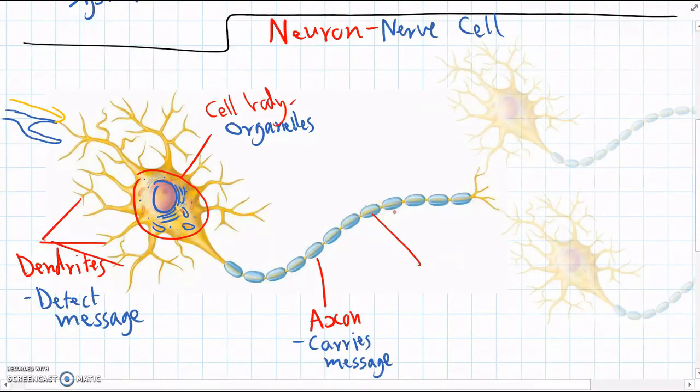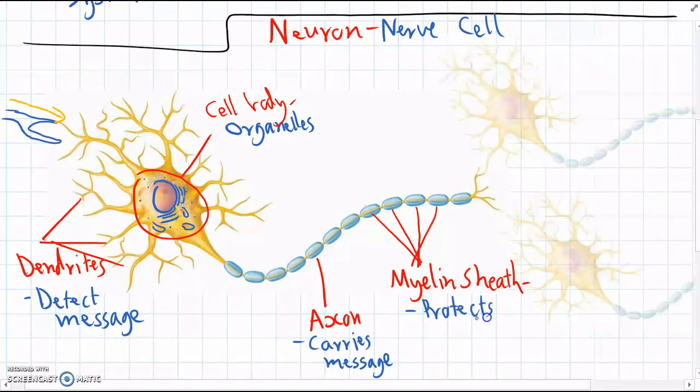And the axon also has these blue cells surrounding it. These are separate cells, and they make up what's called the myelin sheath. Sheath just means enclosing something or going around it. So the myelin sheath protects the axon, just like the rubber or the plastic around electrical wire.